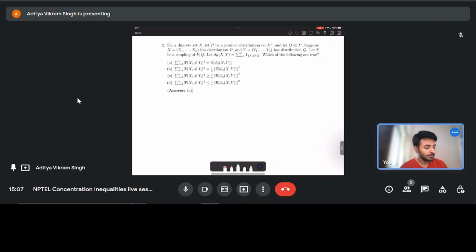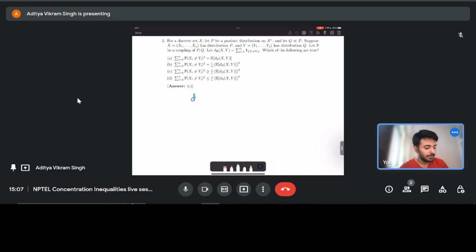So we have this Hamming distance between X and Y, which is the sum over i equals 1 to n of the indicator of Xi not equal to Yi. And we take expectation of that. So this Hamming distance is a random variable.